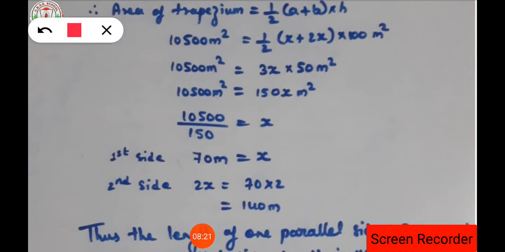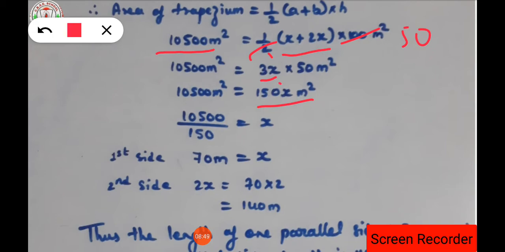Now the area we already have, this much, 10,500. Half into a plus b, where the first parallel side is x and the second parallel side is 2x. So x plus 2x will be how much? 3x. And the half and this 100 will get cancelled by the table of 2. This will be 1 and this 100 will be 50. So 3x into 50 will be 150x meter square.